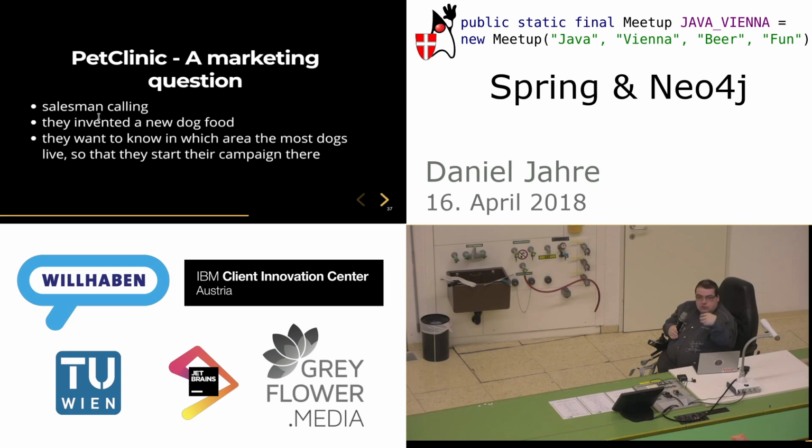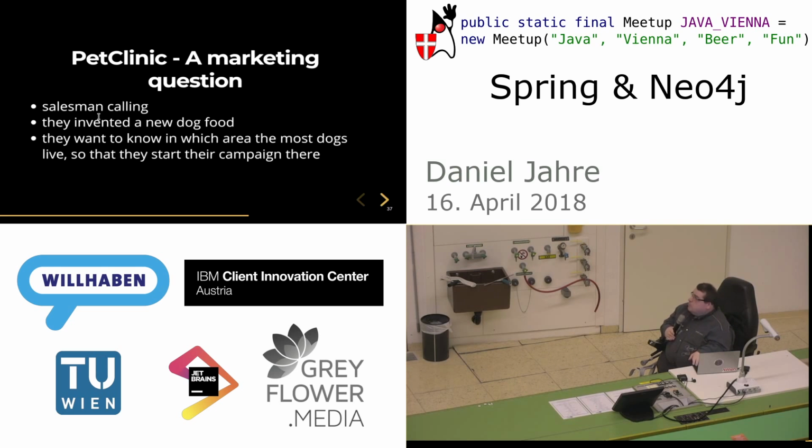If you're the owner of the pet clinic, and a salesman is calling you that, let's say, they invented a new dog food, and they want to start a marketing campaign, and they're asking you, where are the dogs living? They are the targets of the campaign. In fact, the owners are the target, but that's another story. But can you tell me, your clients are from different towns, in which town do the most dogs live, so that we can start a campaign there?